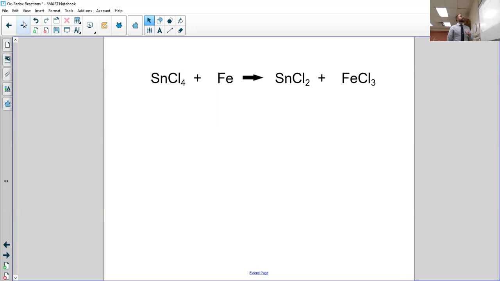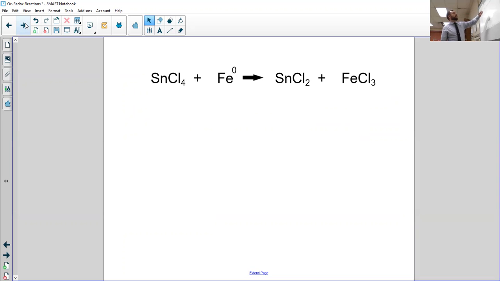So we're going to do this one together real quick. We have SnCl4 plus Fe makes SnCl2 and FeCl3. So we have tin chloride and iron makes tin chloride and iron chloride, ferric chloride there. The first thing we're going to look for in our steps is the oxidation states. So we're looking for metals that are unbonded atoms.